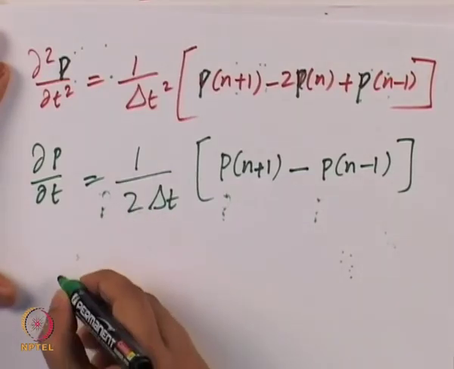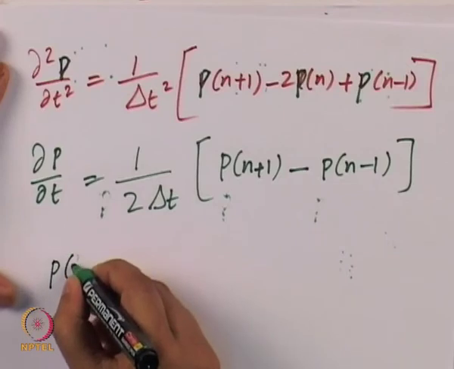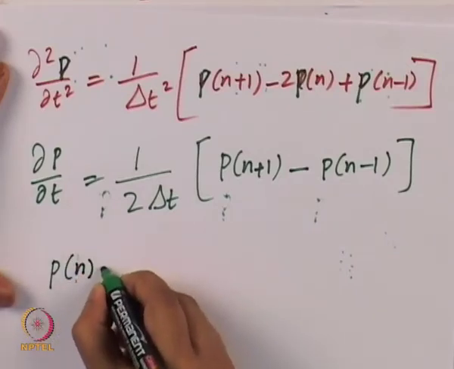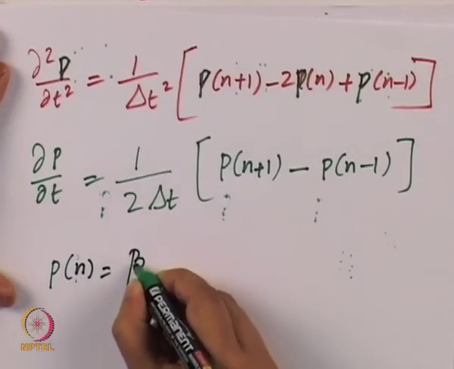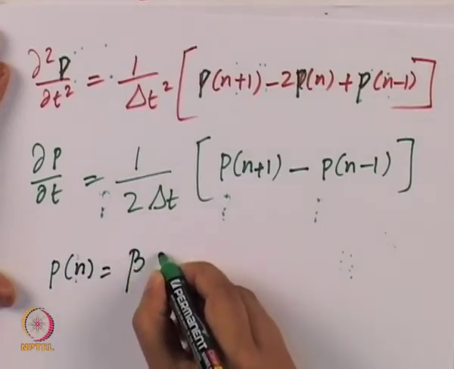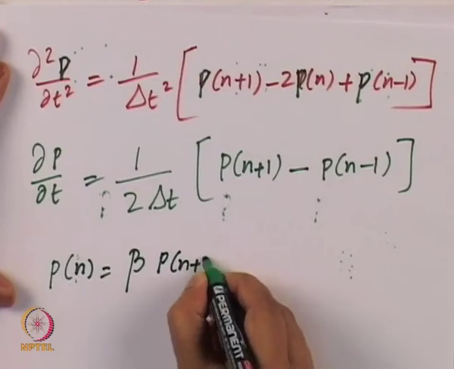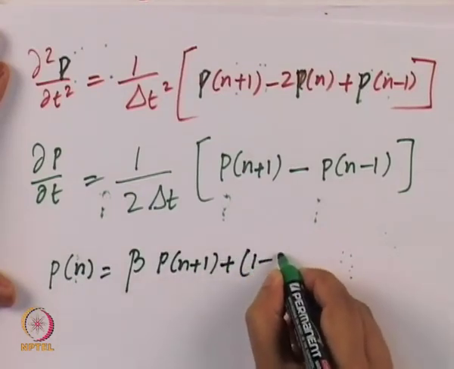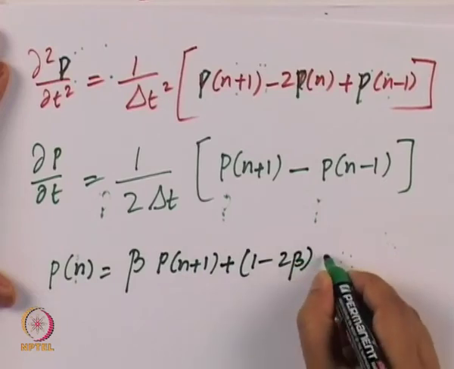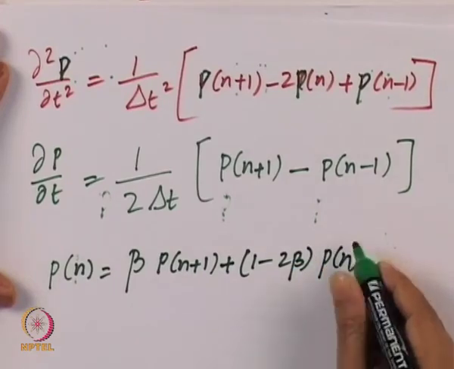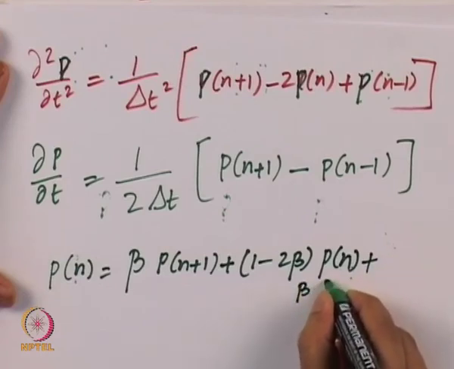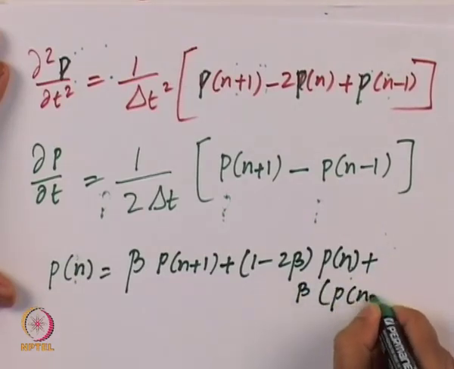I can also do some kind of in-between weighting functions. So I can say p of n is equal to some value beta multiplied by p of n plus 1 plus 1 by 2 beta p of n plus beta p of n minus 1.